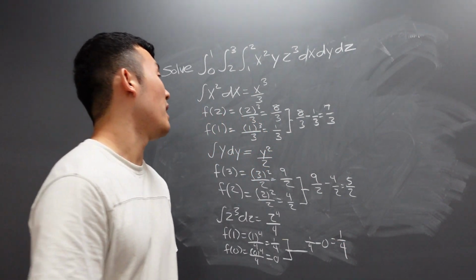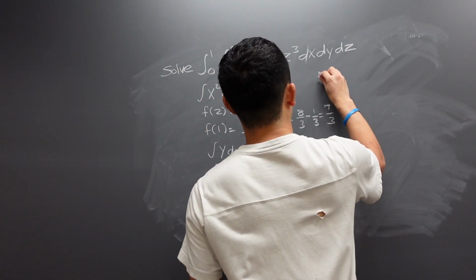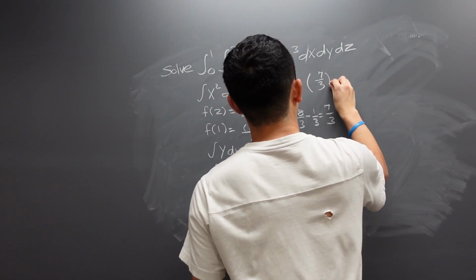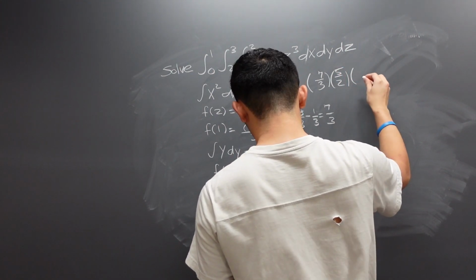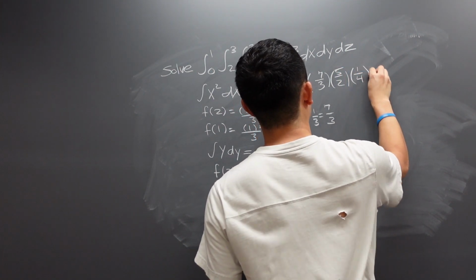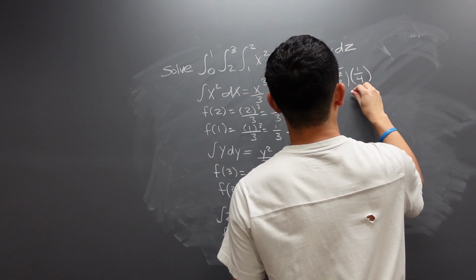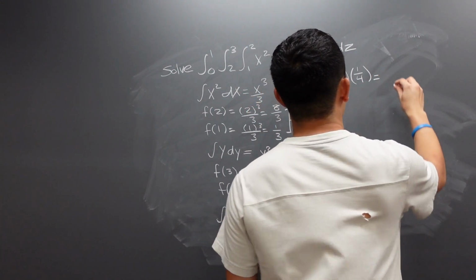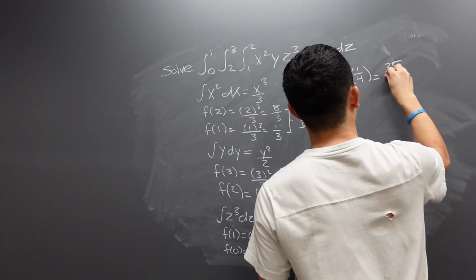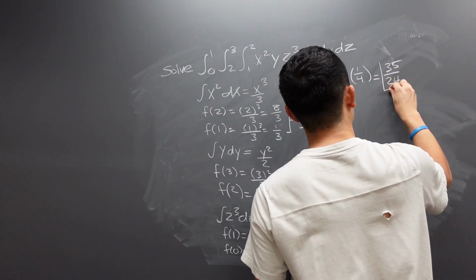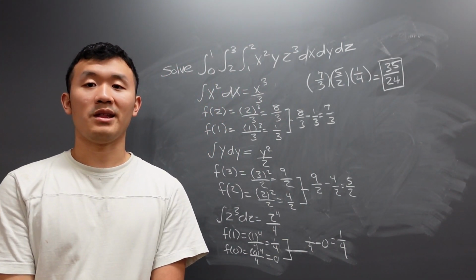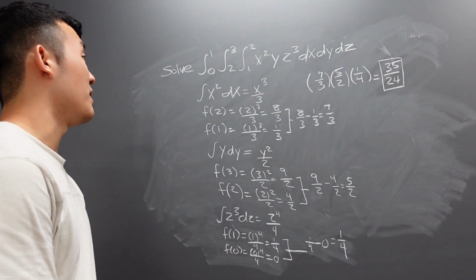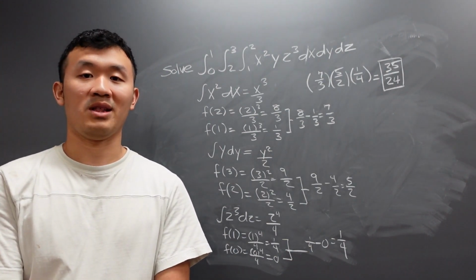Now we can multiply all these: 7 over 3 times 5 over 2 times 1/4. And this should equal 35 over 24. And this is an example of a triple integral problem that I remembered from my Calculus 3 class.